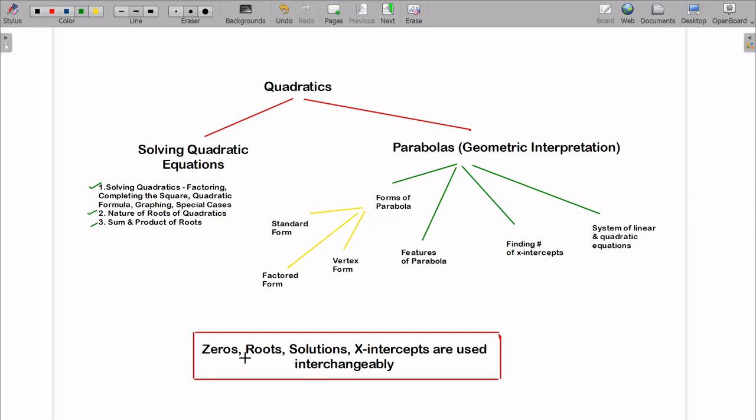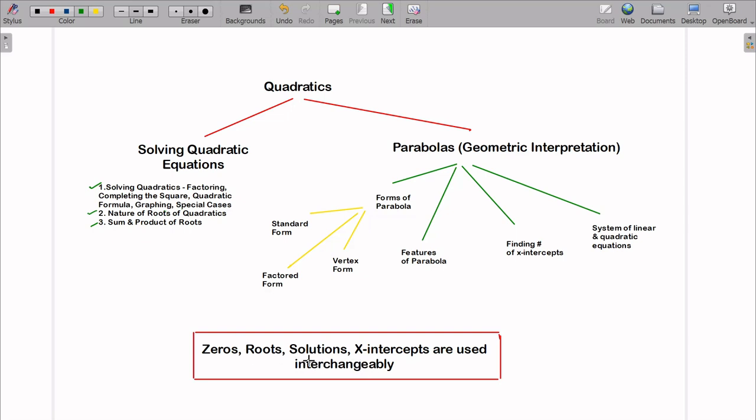Here I've written that zeros, roots, solutions, x-intercepts are used interchangeably. That means if a question says find the zeros, or the roots, the solutions, or the x-intercepts, it all means the same. It's just that these words are used for different notations.